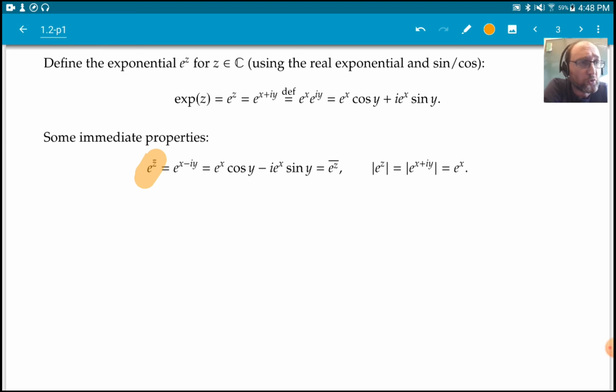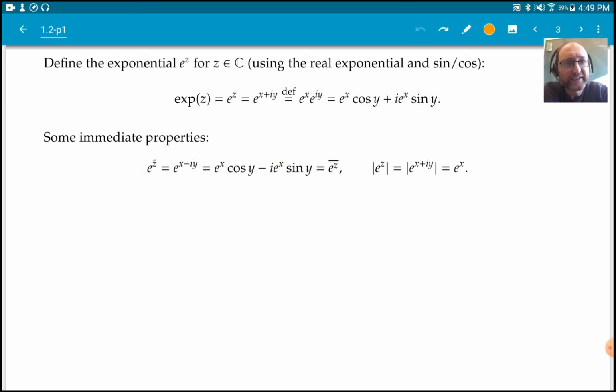You just write it down, you stick it into the definition, and you notice that cosine is even, so cosine of minus y is cosine of y, and sine is odd, so sine of minus y is minus sine of y. So that's why we're getting this expression over here, and that's just the conjugate of e to the z. So e to the z conjugate is the conjugate of e to the z.